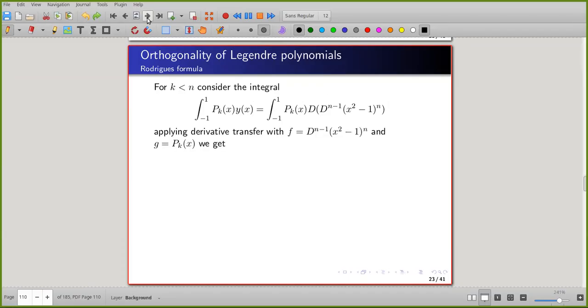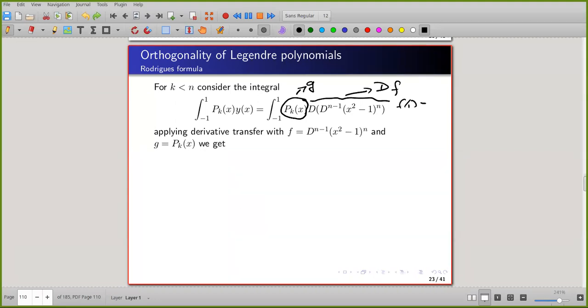Applying derivative transfer with f equal to d^(n-1) (x^2 - 1)^n and g equal to P_k(x), we get. So notice that this I'm taking to be my g, and this entire term over here is d times f. And notice that f of 1 is 0.